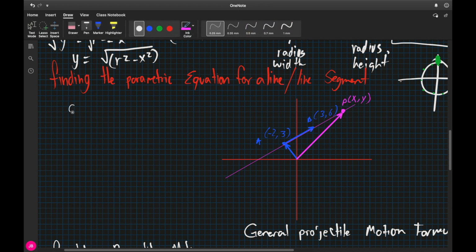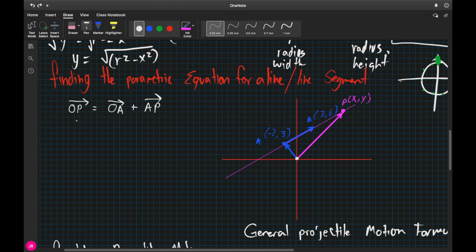First of all, we know that vector OP is equivalent to vector OA plus vector AP. In other words, going straight from here to here is the same thing as going here to here and then here to here. That's what that means.